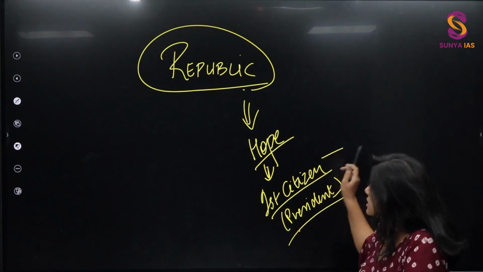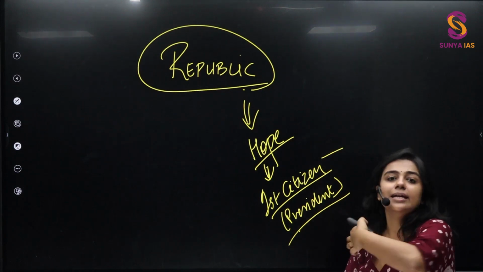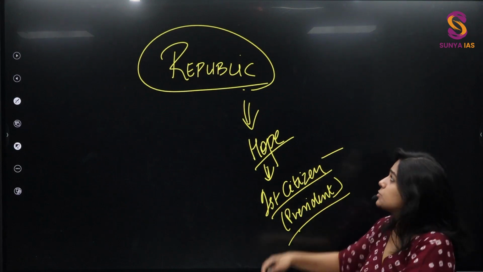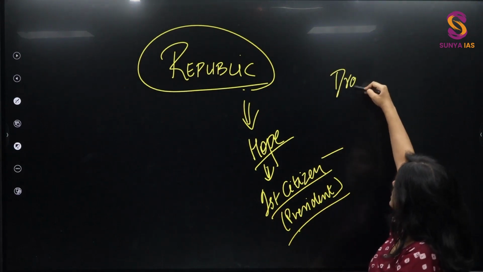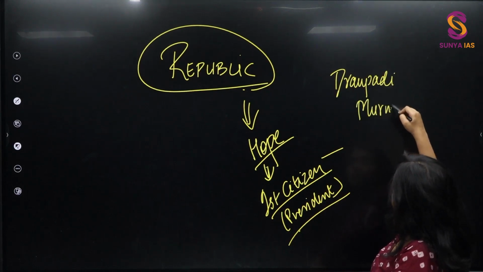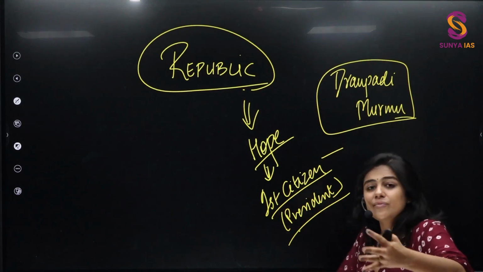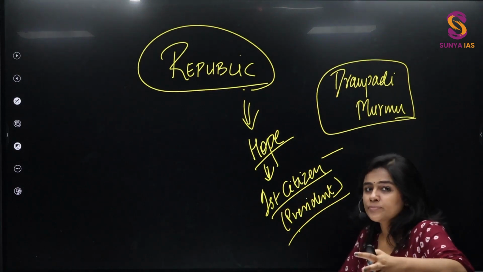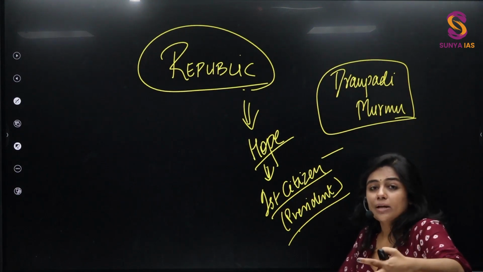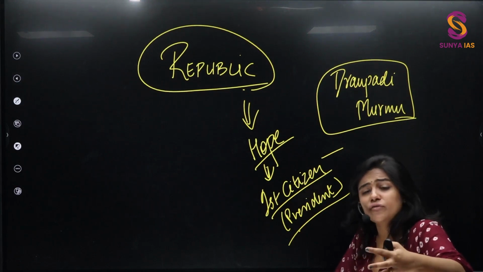That the first citizen, the highest citizen of the country, is not hierarchically selected. That person is elected. And that is what happened, right now our president is Draupadi Murmu ma'am. Someone who has not come from the richest of backgrounds, but someone who has actually worked at the grassroots. Someone who belongs to the scheduled tribe, and someone who has faced the harshest of times.